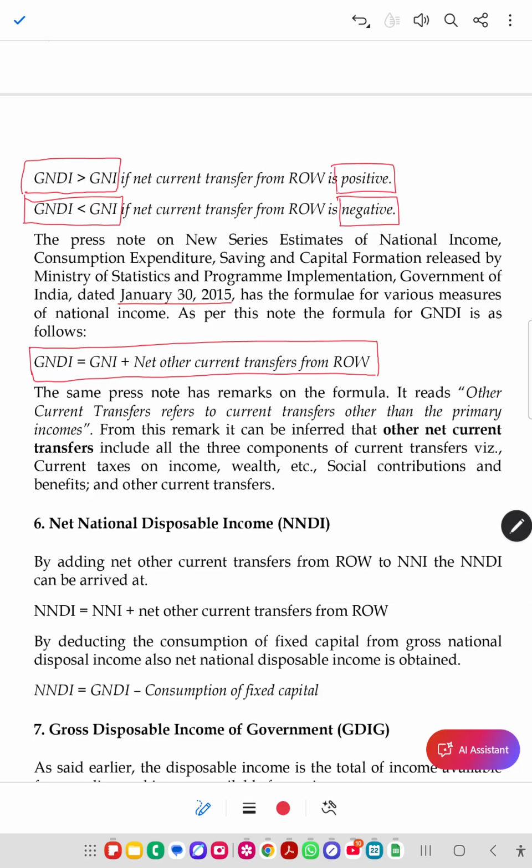The same press note has remarks on the formula. It reads: other current transfers refer to current transfers other than primary income. From this remark, it can be inferred that other net current transfers include all three components of current transfer, for example, current taxes on income, wealth, and social contributions and benefits, and other current transfer.